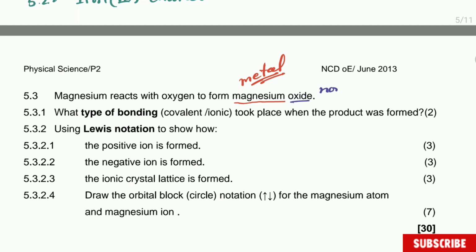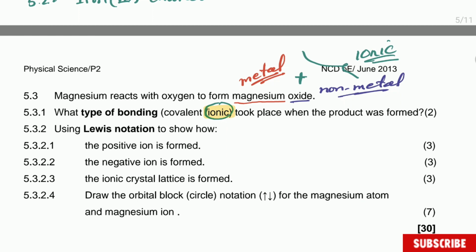You need to know that as a general rule, when a metal combines with a non-metal, that is going to form ionic bonding. So that is the selection here. Ionic bonding, that is the answer for that question.